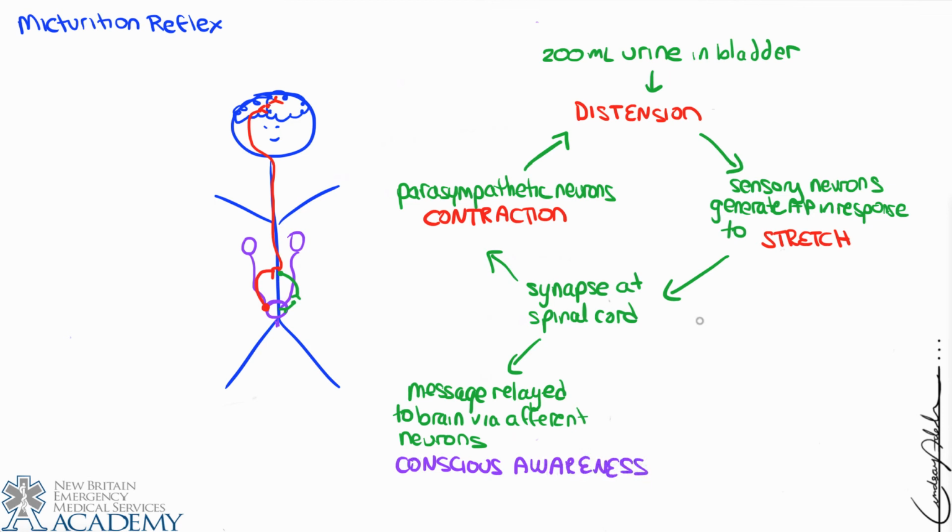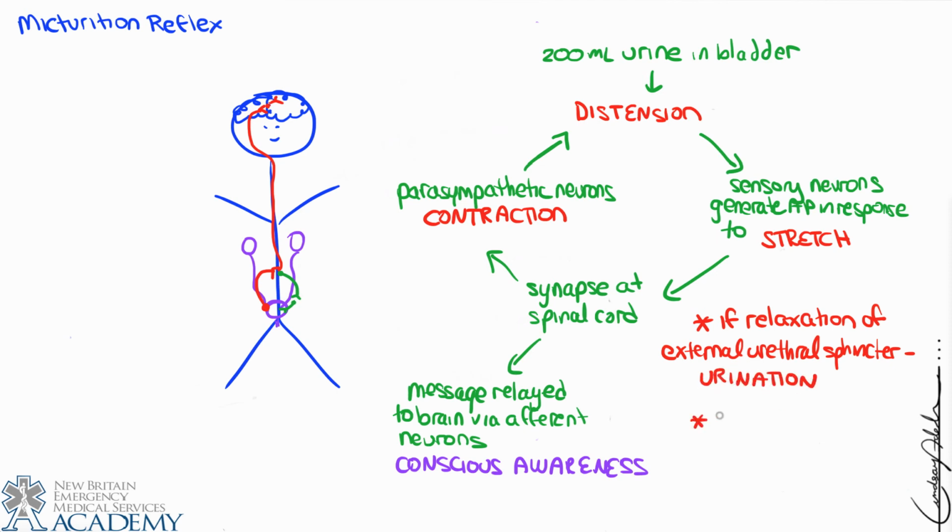So if relaxation of the external urethral sphincter occurs in response to this loop of distension, stretch, contraction, and distension, along with the conscious awareness, taking into consideration all those elements, if the external urethral sphincter is relaxed, we'll get urination.